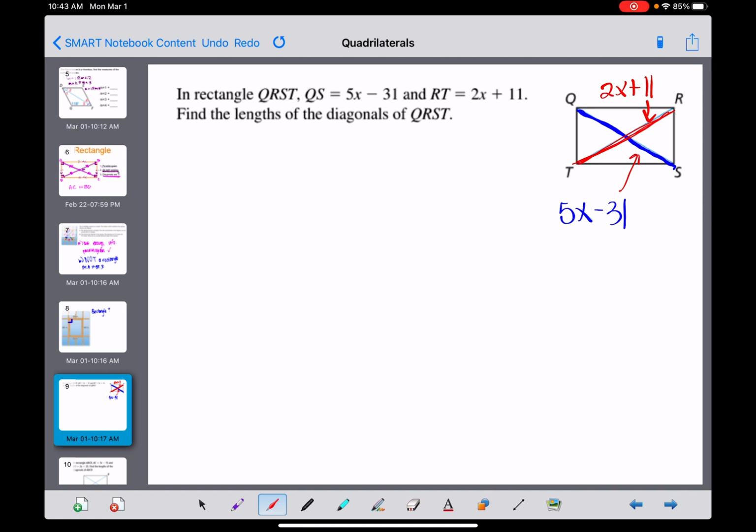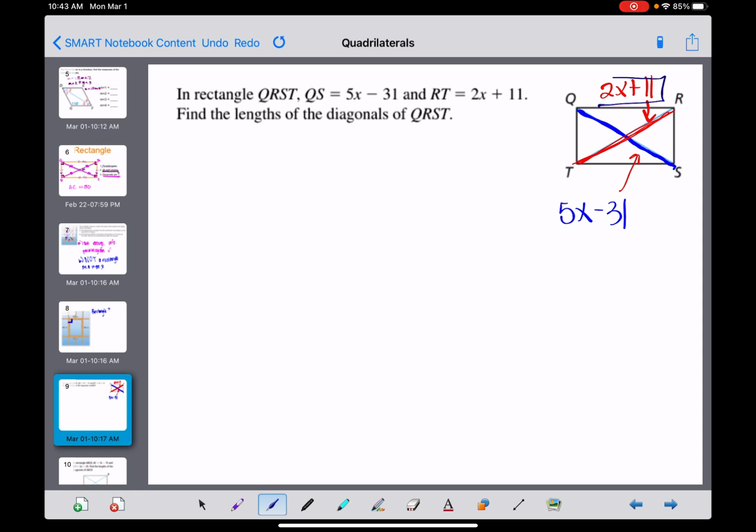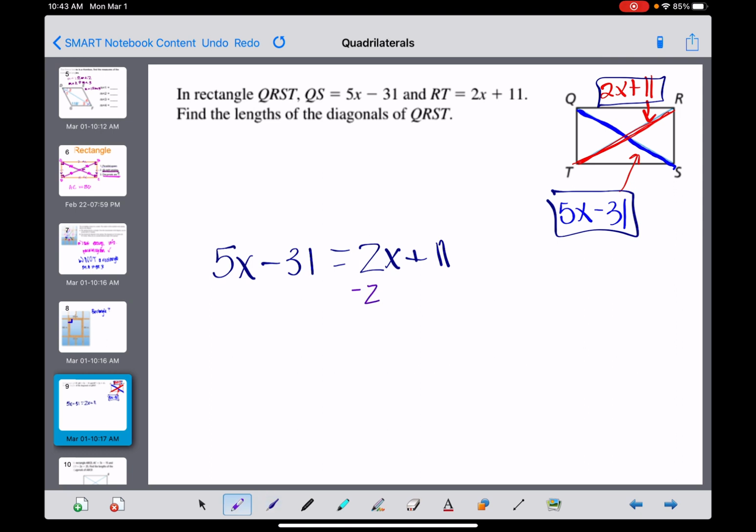They want us to find the lengths of the diagonal. Well, we know from a rectangle that diagonals are congruent. Therefore, we're going to set our two expressions equal to each other. So I have 5x minus 31 is equal to 2x plus 11. We're going to solve algebraically.